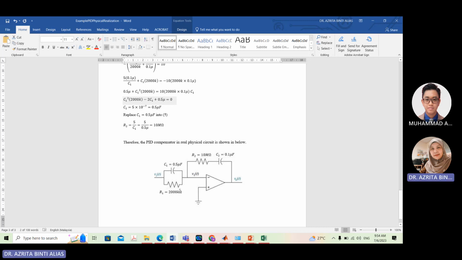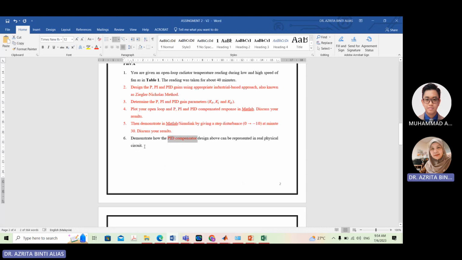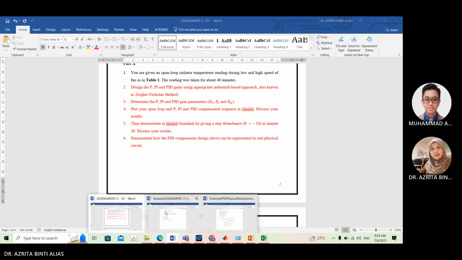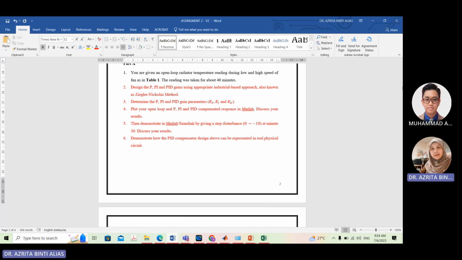So this is the final answer for task number 6. Boleh? Apa-apa value pun boleh. Basically the suitable values yang biasa kita select. Okay? Okay, that's all for now.